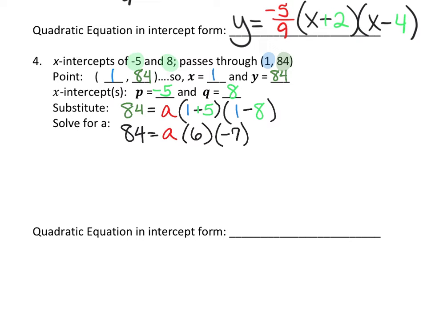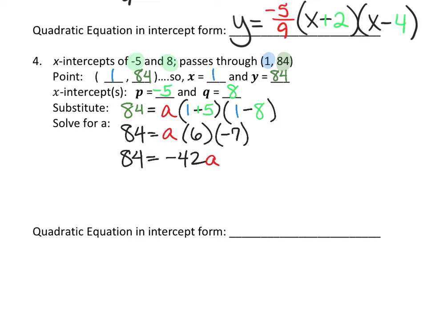I keep simplifying. I'm going to multiply those 2 parentheses together. What is 6 times negative 7? Negative 42. So I have 84 equal to negative 42A. All right, one last step. What is that last step in solving for A?